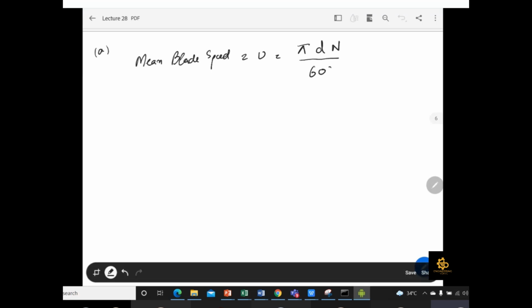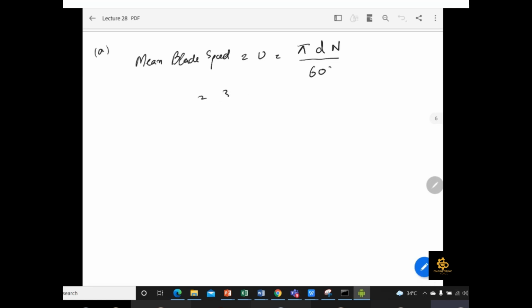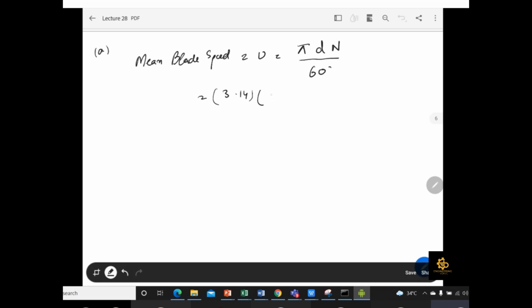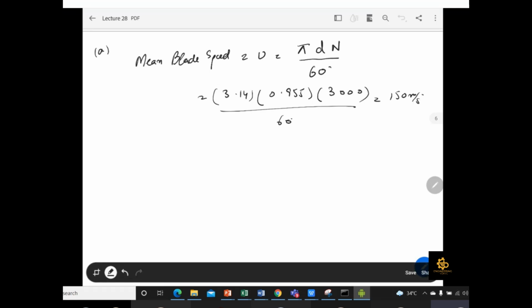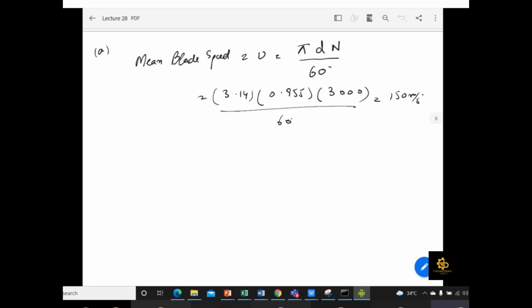If the diameter of the blade and number of RPM are given, you can easily find it by putting the values in this formula. So 3.14, diameter of blade is 95.5 centimeter, so 0.955, number of RPM 3000, and just divide by 60, so you will get the mean blade speed as 150 meter per second. So in case mean blade speed is not mentioned in the combined velocity diagram, you can easily find it by using this data.